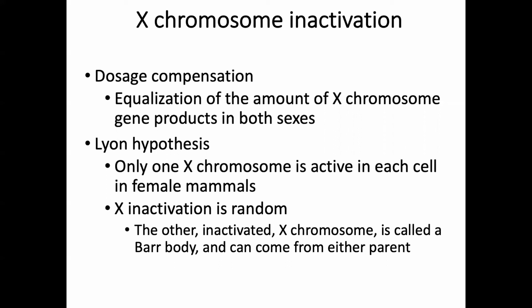The other X chromosome is inactivated. Second, X inactivation is random, meaning the inactivated X chromosome can be paternal or maternal. Once the X chromosome is inactivated, it becomes a structure called a Barr body. Okay, let's see a short video on X inactivation.